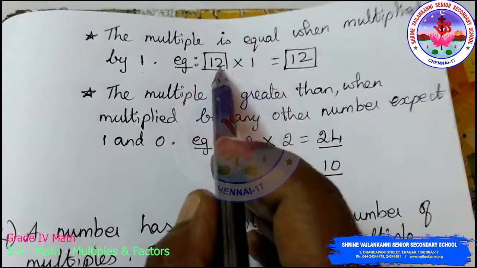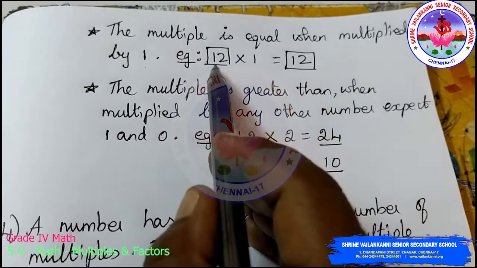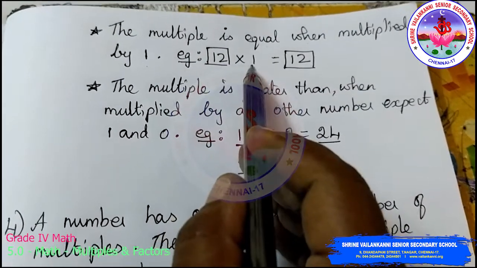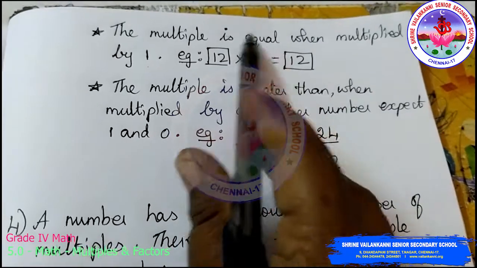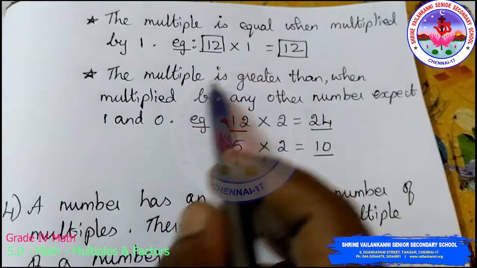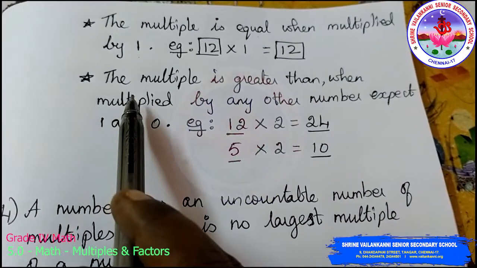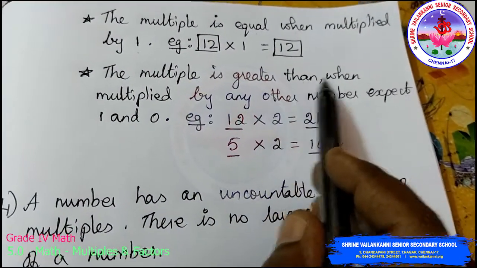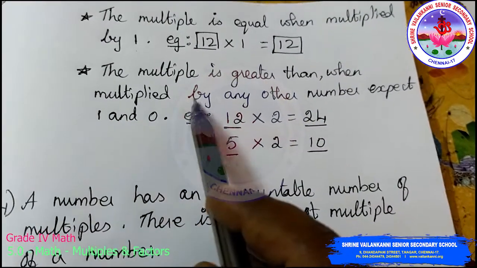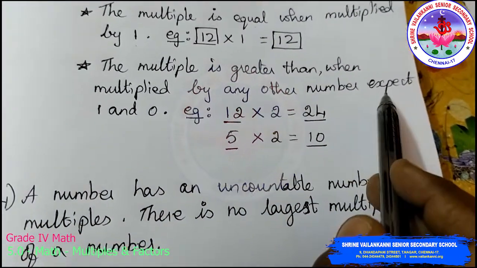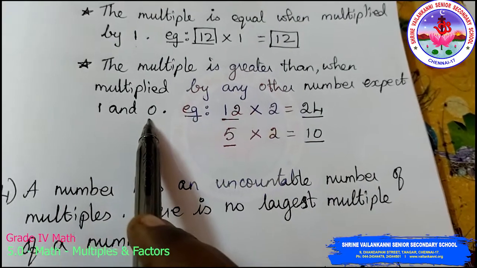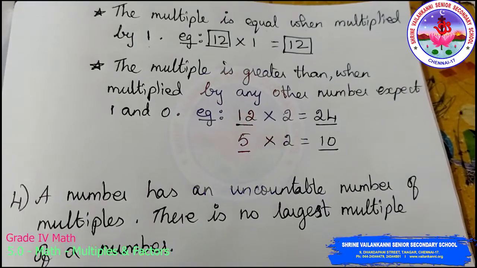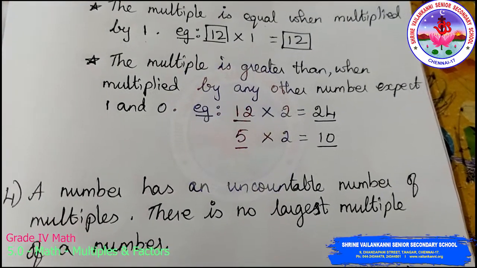That is what 12 into 1 is equal to 12 shows. If you take any number and multiply it with 1, you will get an equal multiple. Then you will get a greater value when the number is multiplied by any other number except 1 or 0.